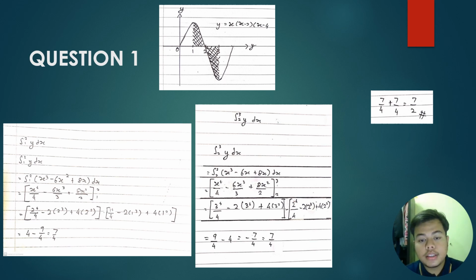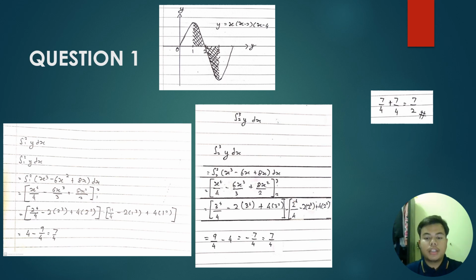Open big bracket 3 to the power of 4 over 4 minus 2 times 3 to the power of 3 plus 4 times 3 to the power of 2, close bracket, minus open bracket 2 to the power of 4 over 4 minus 2 times 2 to the power of 3 plus 4 times 2 to the power of 2, close bracket. So the answer is 9 over 4 minus 4, which equals negative 7 over 4.